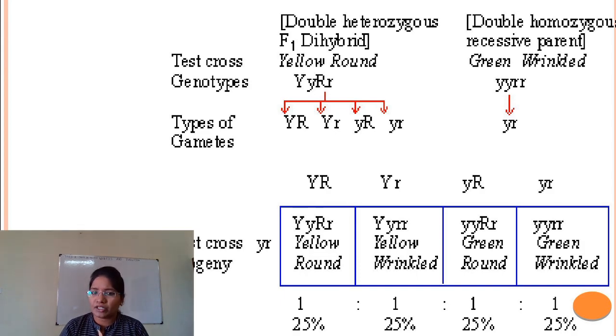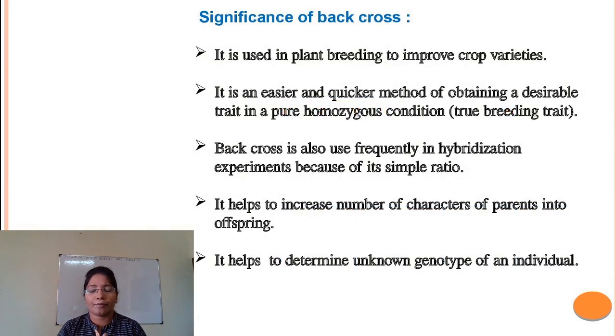So what is the significance of this test cross? The most important significance is that it helps to determine the unknown genotype of an individual, whether it is homozygous or heterozygous. Second, it is used in plant breeding to improve crop varieties.